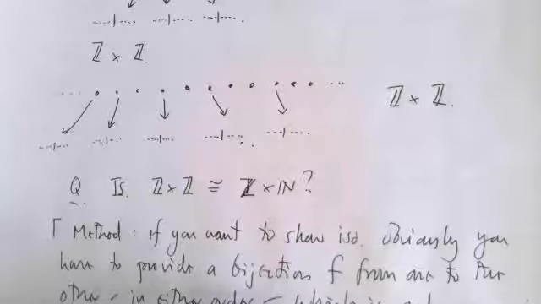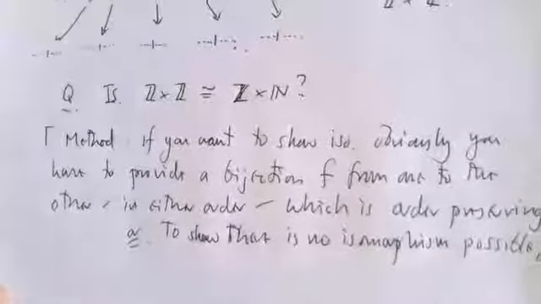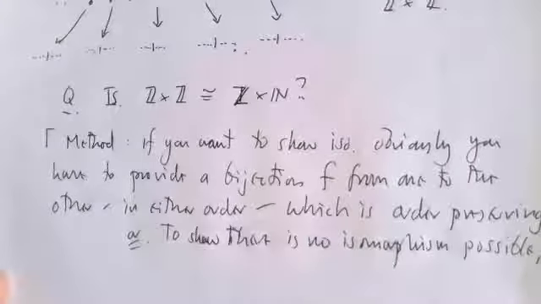Or to show it's not an isomorphism, to show there is no isomorphism possible, you want to pick out some feature of the orderings which can't be carried over in an order preserving way.